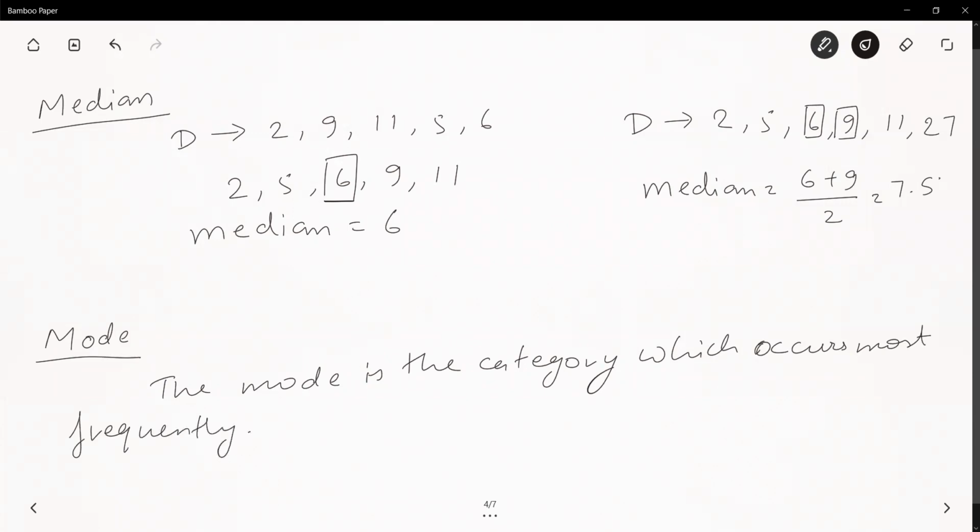Now, if I give you a simple data set and ask what the mode is, you're able to find it out.